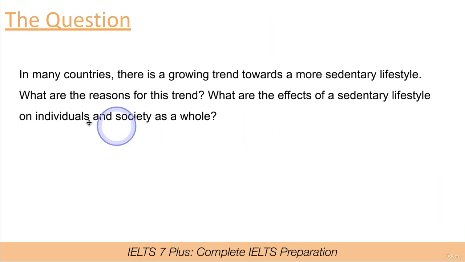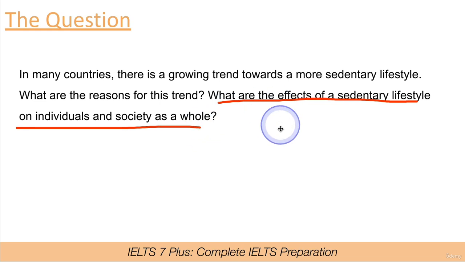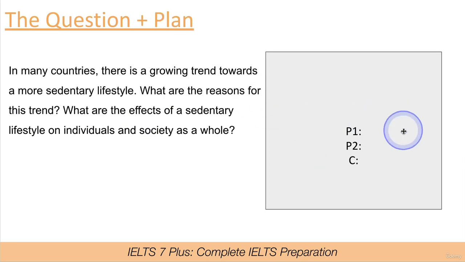Right, so we've got a multi-part question. We're going to answer this question in the first paragraph, and we're going to answer this second question in the second main paragraph, and addressing both individuals and society. Okay, so we're making sure that we're going to look at both of those. So, in the plan, let's think about the first question.